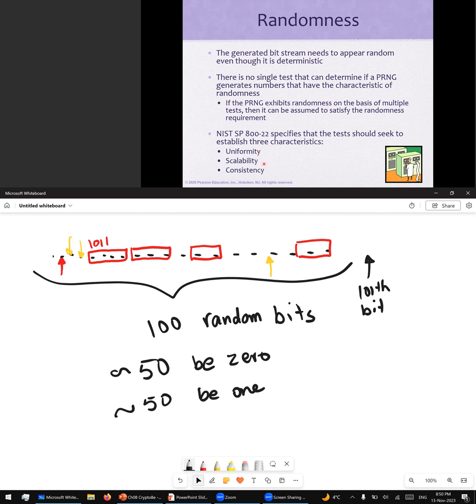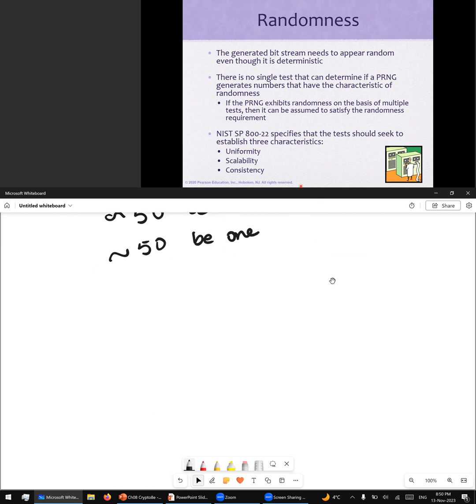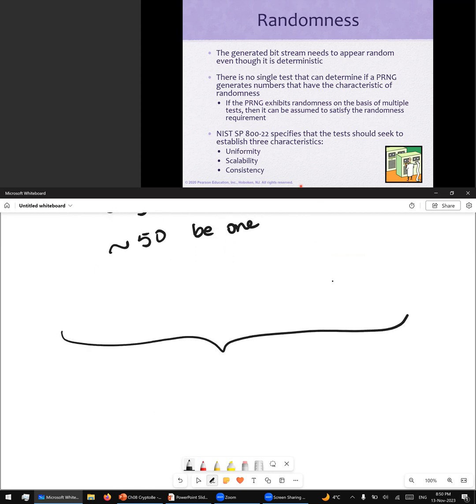In terms of scalability, we want to ensure that not only is the entire random sequence random, but we also want to ensure that any subsequence of it is also random. In other words, if I move down here on the whiteboard, let's say I have a string of 100 bits.